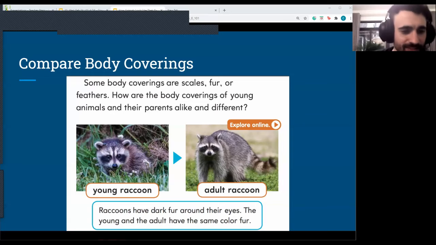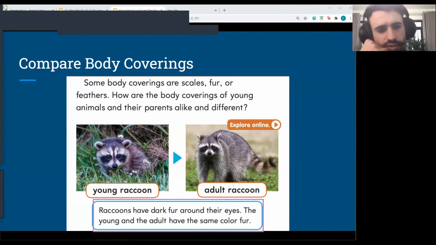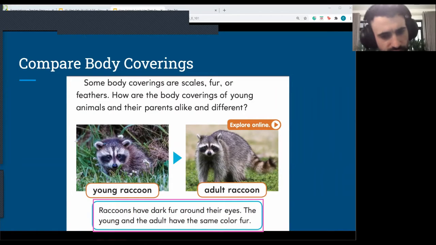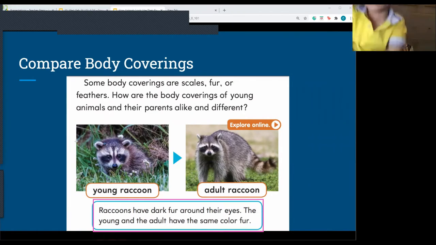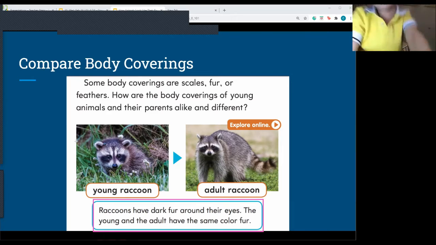Okay, let's read about the raccoons. Bear, can you read about raccoons for us? A raccoon.